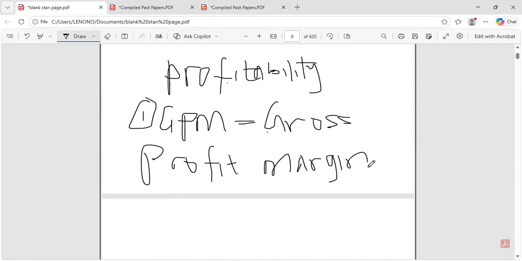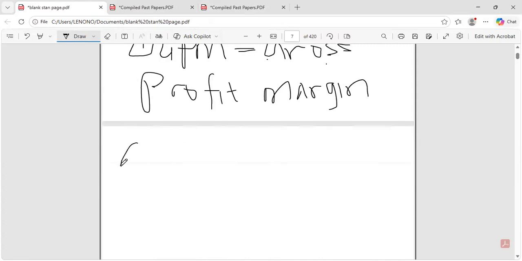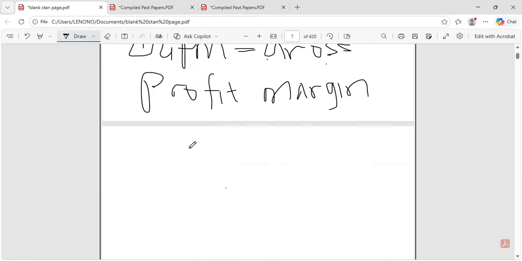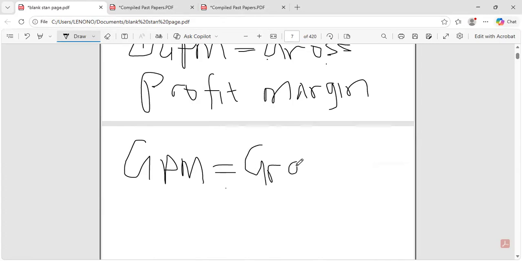Gross profit margin. So the gross profit margin is going to be given by what? It is equal to gross profit over revenue times 100.